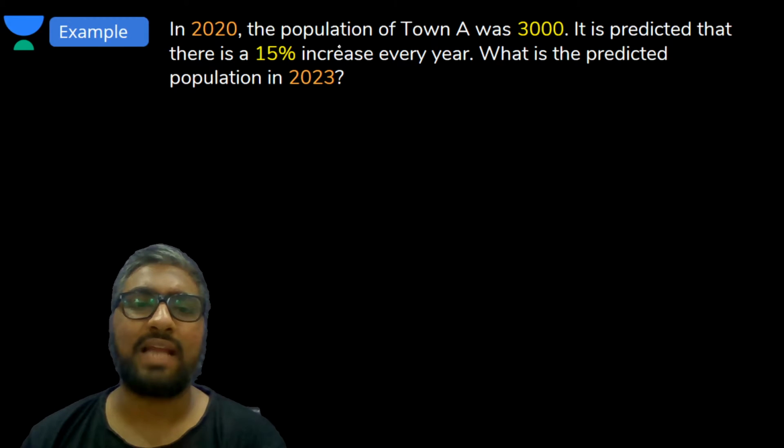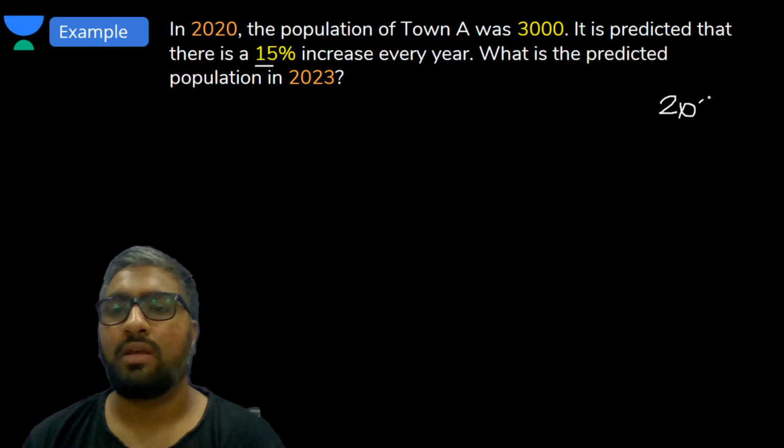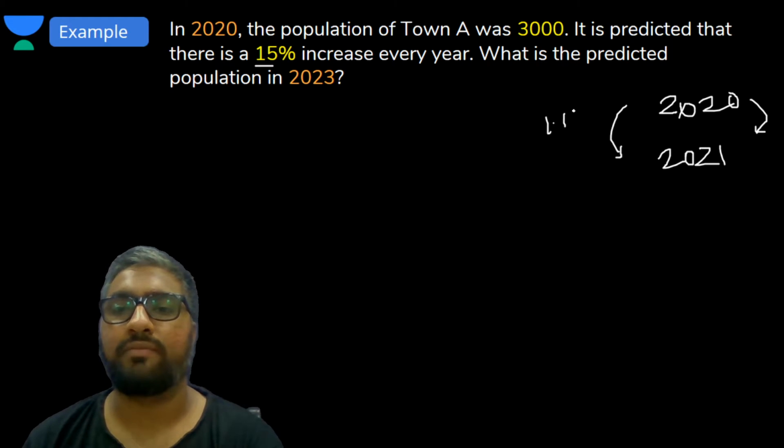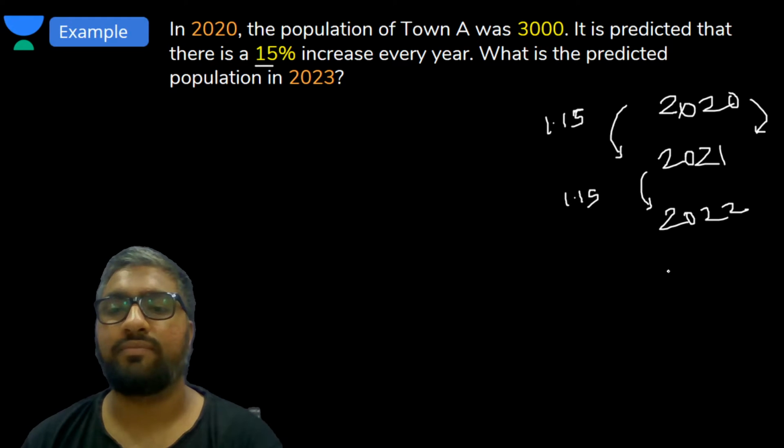The 15% is increasing three times, right? From 2020 to 2021, there'll be the first 15% increase, that is 1.15. Then from 2021 to 2022, another 15% increase, that is another 1.15.